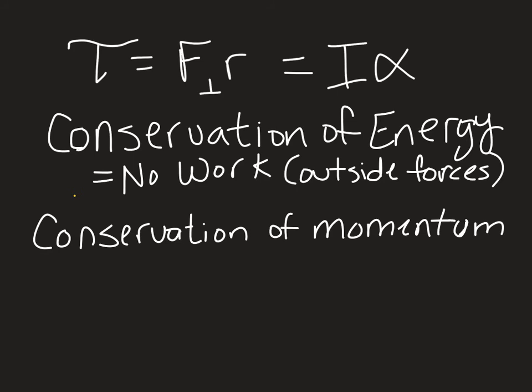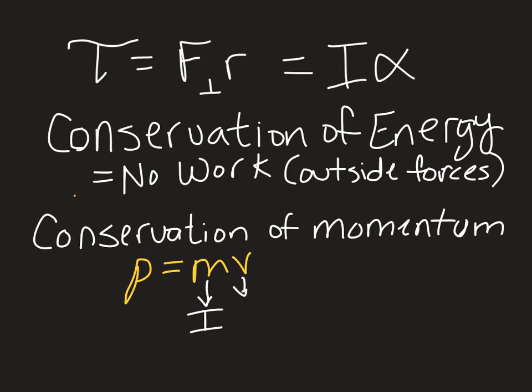So how does momentum look when we're talking about rotation? Let's think about our old linear version of momentum. Linear momentum was the letter P, and it was equal to mass times velocity. All we're going to do is swap out our linear components for our rotational components. So we know now that the rotational version of a mass is a moment of inertia.